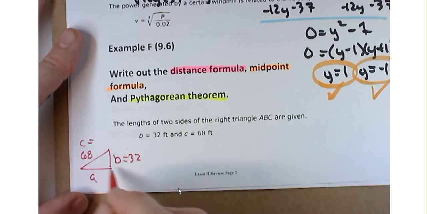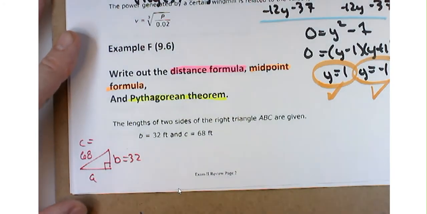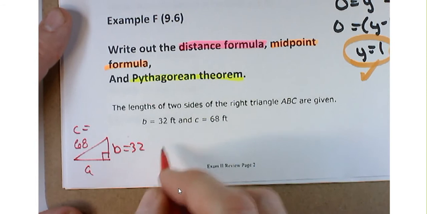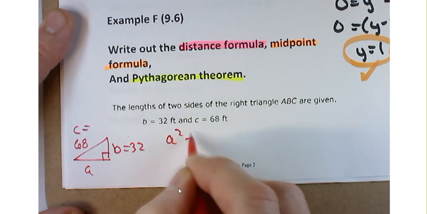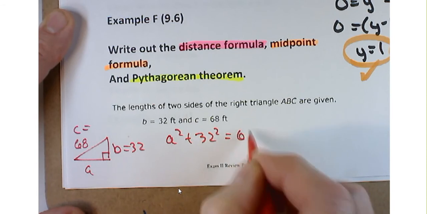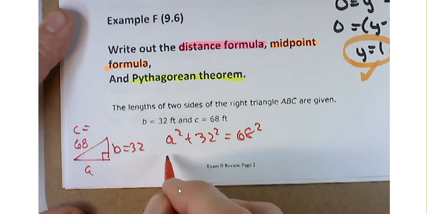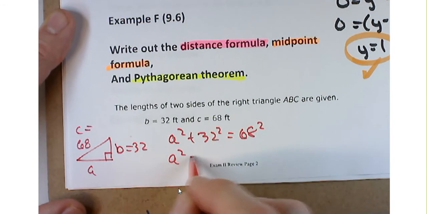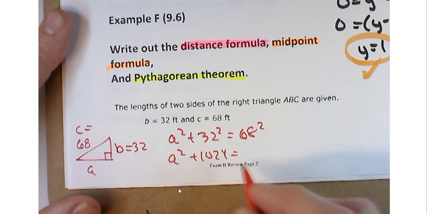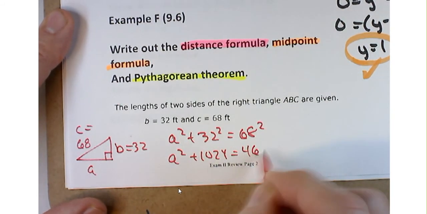What makes it the hypotenuse is that it's across from your right angle. So A squared plus B squared equals C squared. So that's A squared plus 1,024 equals 4,624.